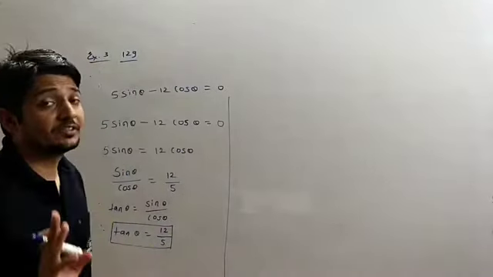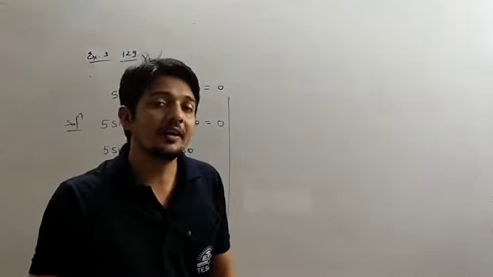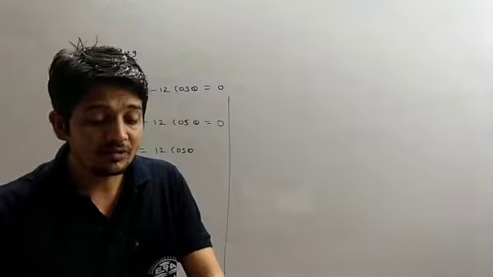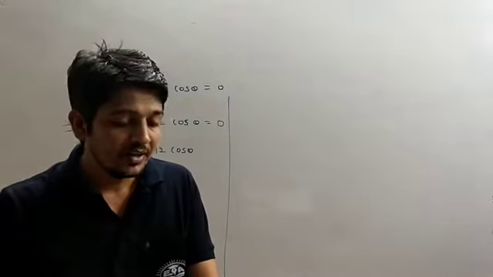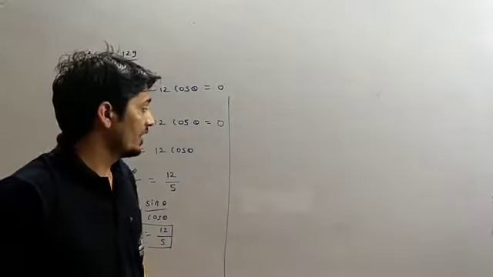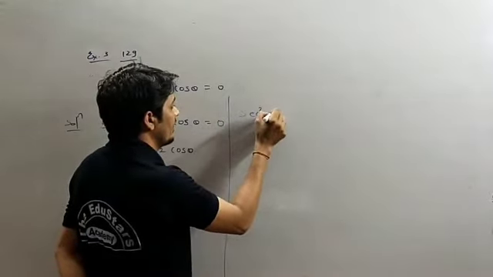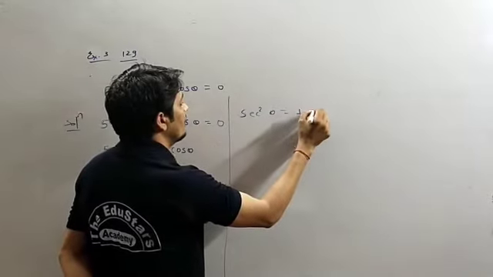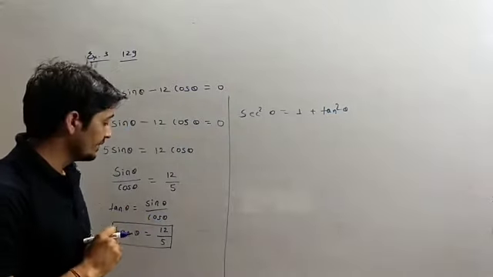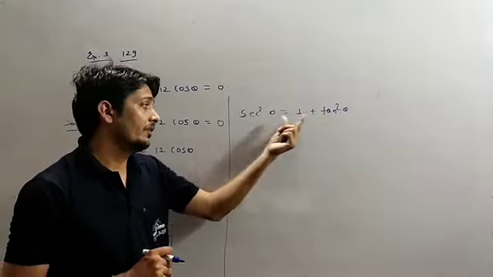We have discussed the three identities given in your textbook, and we derived them in our previous video also. The first identity is sin square theta plus cos square theta equals 1. The second is sec square theta equals 1 plus tan square theta. We can use this identity here.